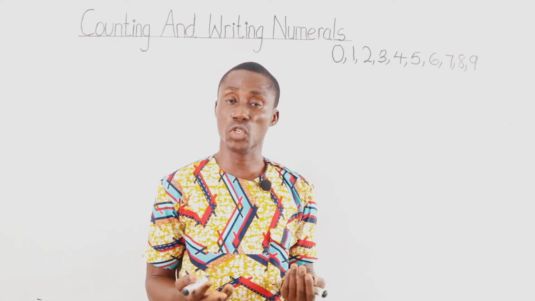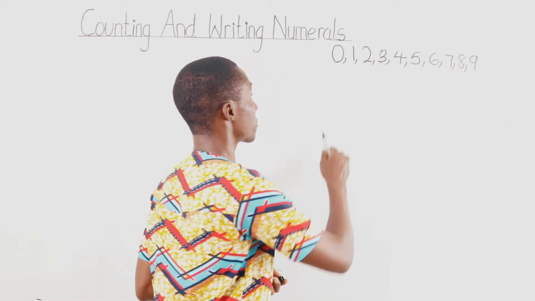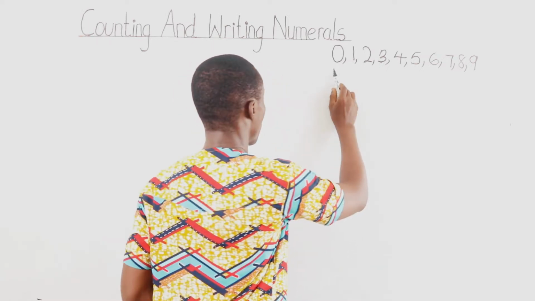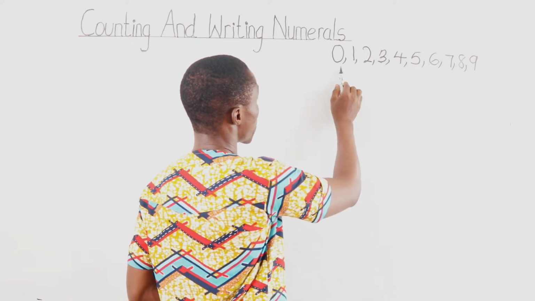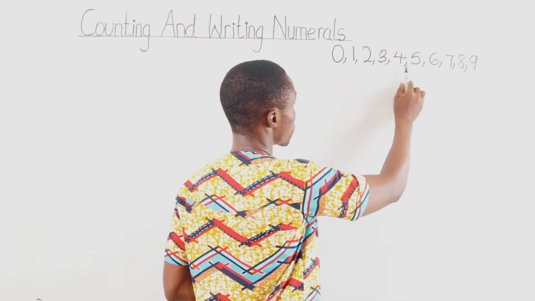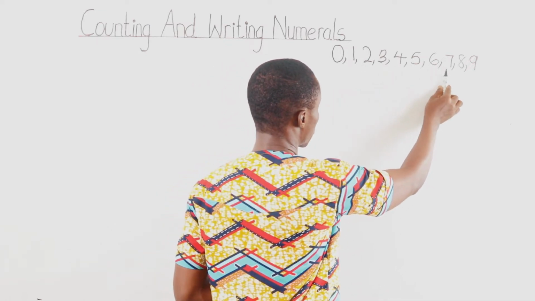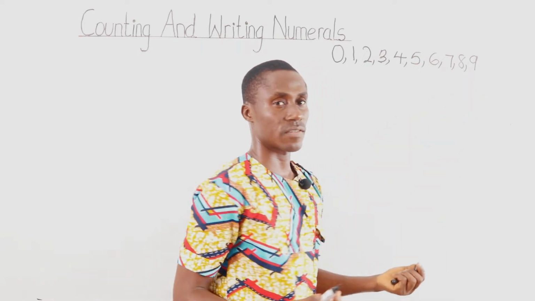But we actually have 10 digits because the 0 is also part of the digits, and therefore we have 1, 2, 3, 4, 5, 6, 7, 8, 9, and 10 digits.